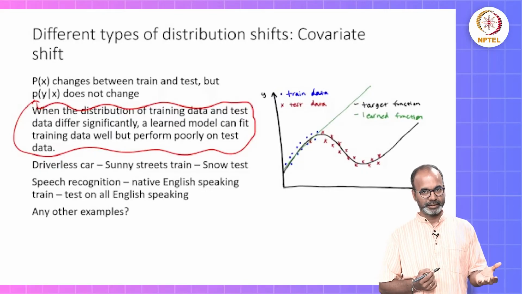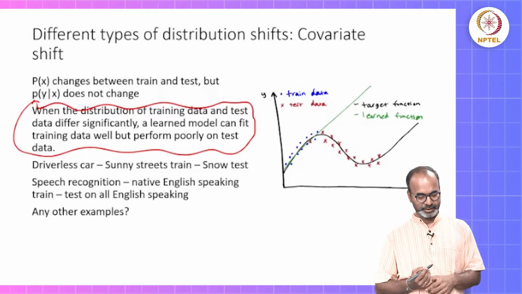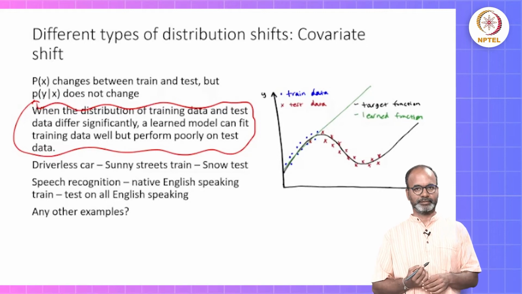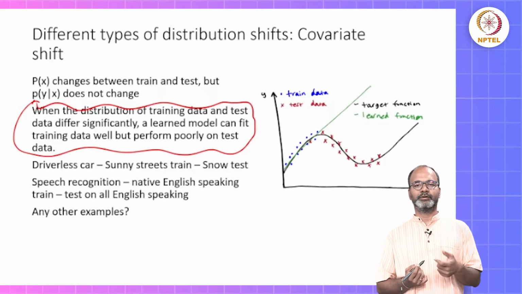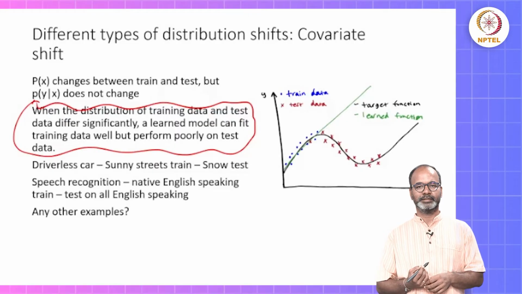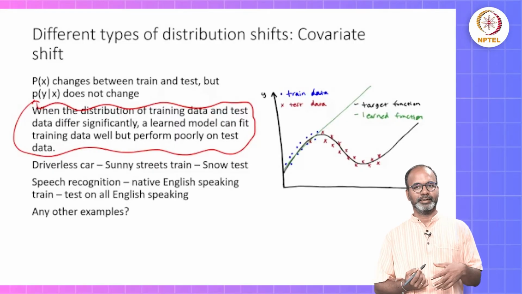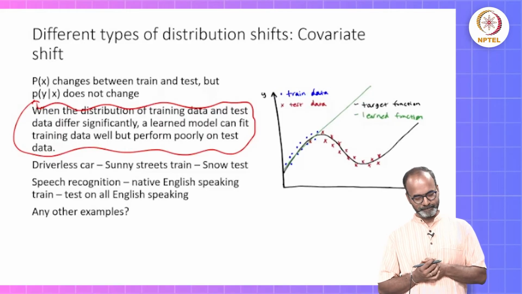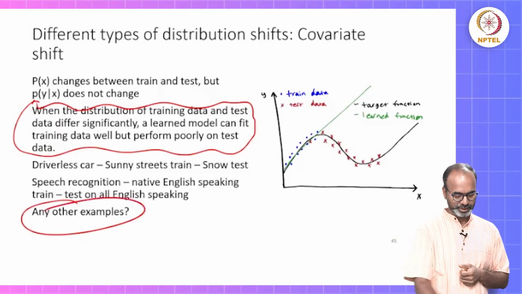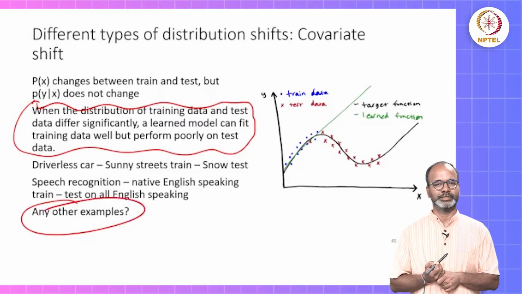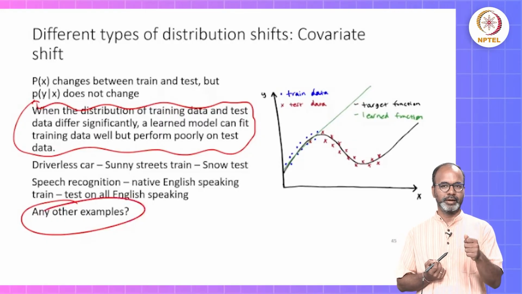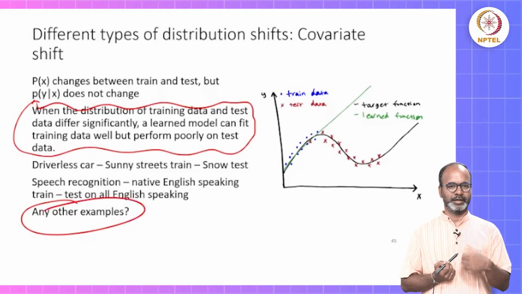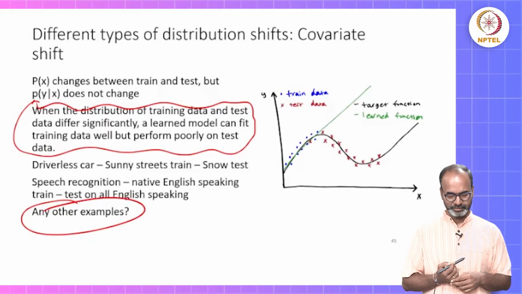Native English speaking is the train, whereas the test is all English speaking. I trained it only on native English speakers, whereas I tested it on all English speakers, including me. I'm sure there are other examples you can think of. If you can think of some interesting examples where this covariate distribution shift happens, please send it to us. It will be interesting to see.